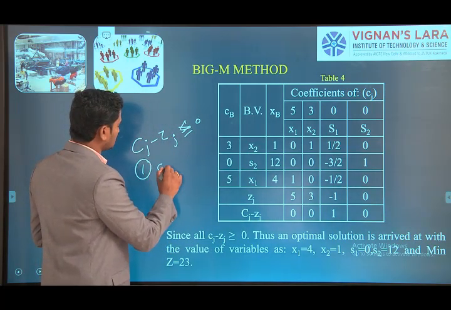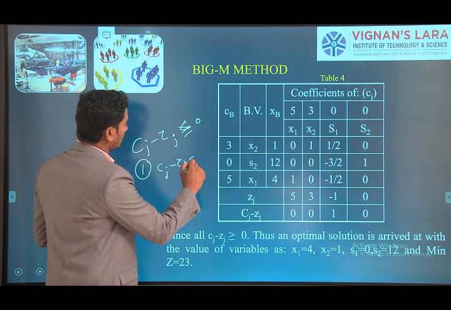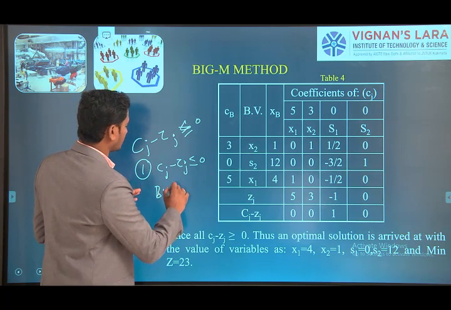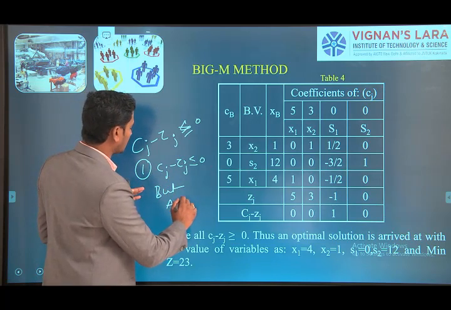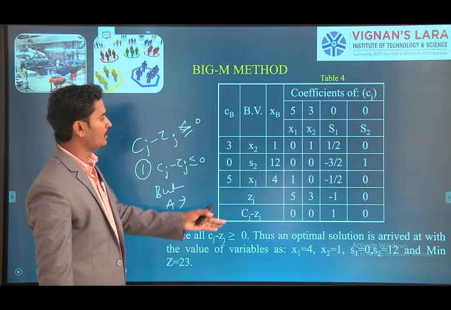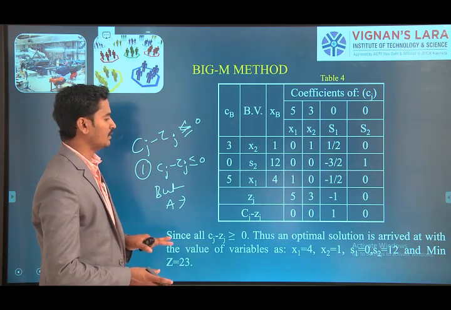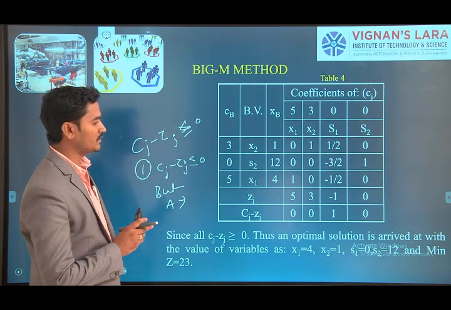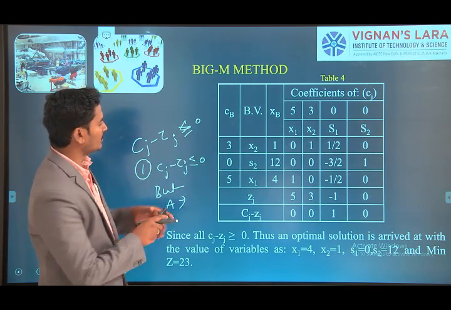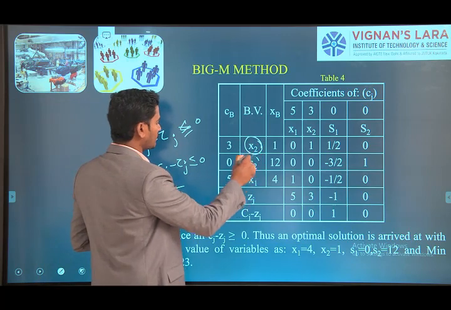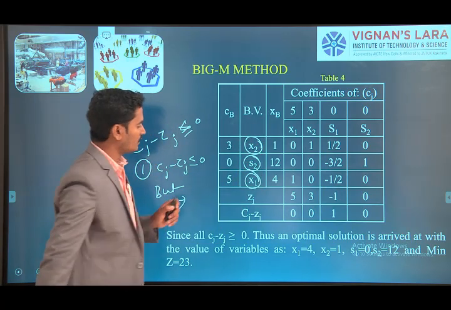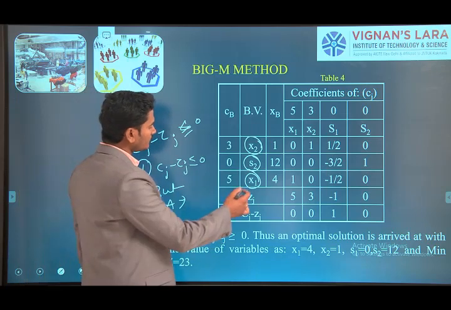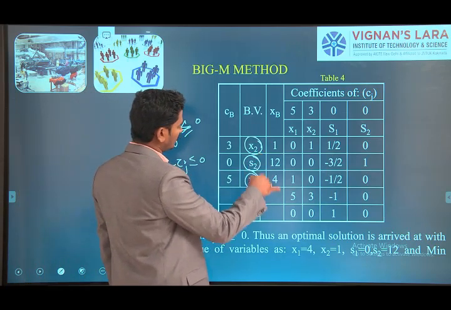If Cj minus Zj reaches optimality, less than or equal to 0, but the artificial variable does not leave the table, it means the solution is not optimal; the solution is unbounded, infeasible, infinite. There is no solution. But in our case, all artificial variables are replaced by non-basic variables or basic variables. Here we have the final solution.